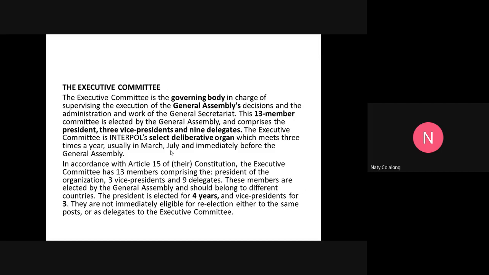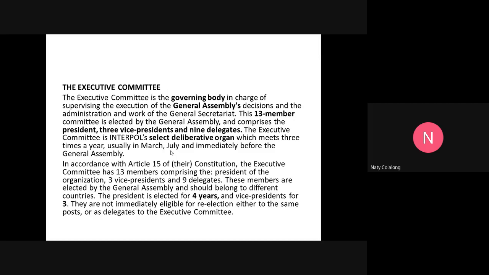It has 13 members, elected by the General Assembly, and comprises the President, 3 vice presidents, and 9 delegates. The executive committee is Interpol's select deliberative organ, which meets 3 times a year, usually in March, July, and immediately before the General Assembly.